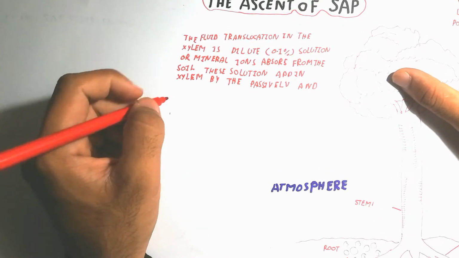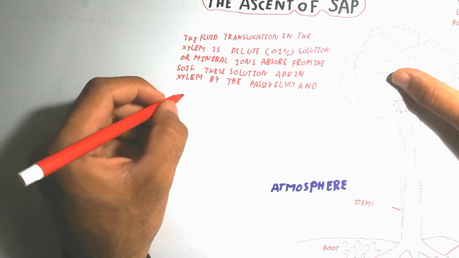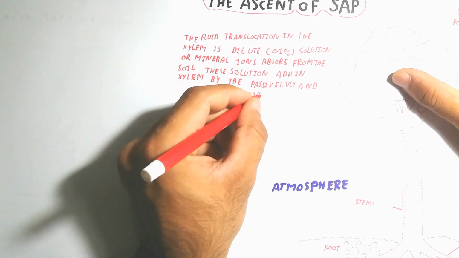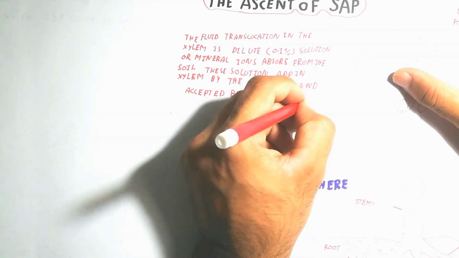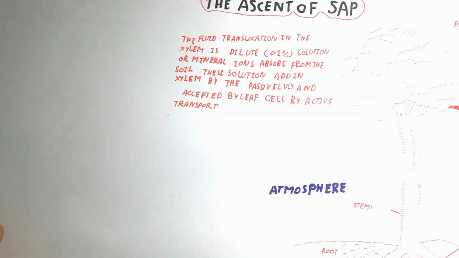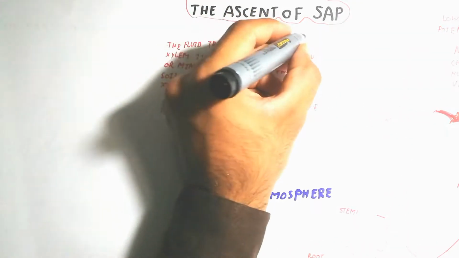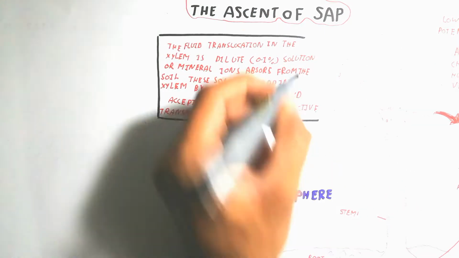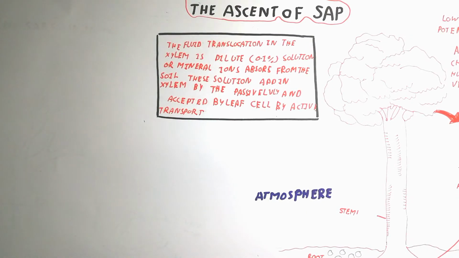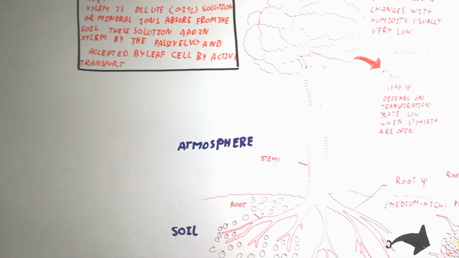Passive transport means that the plant accepts the water by passive transport, with no energy used, and it goes into the leaf. The leaf absorbs the sap, in the form of mineral deposition, from the conduction of the xylem, and that is absorbed by active transport.